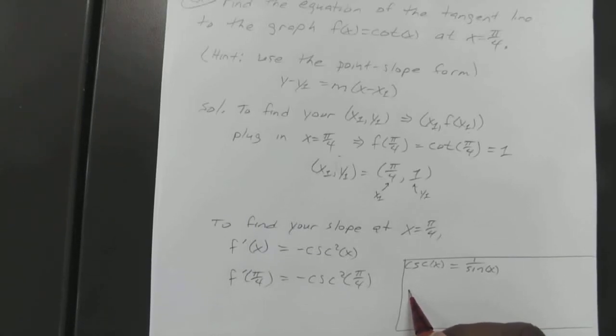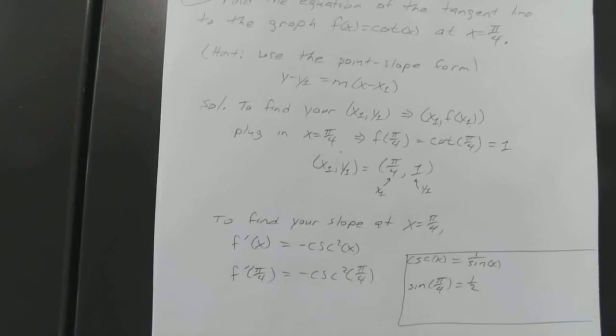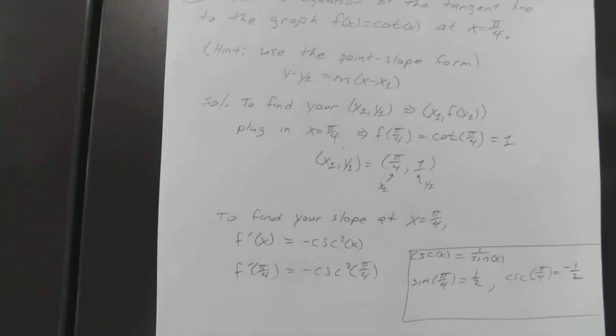So since sine of pi over 4 is equal to square root of 2 over 2, cosecant of pi over 4 is 1 over square root of 2. Sorry about that.